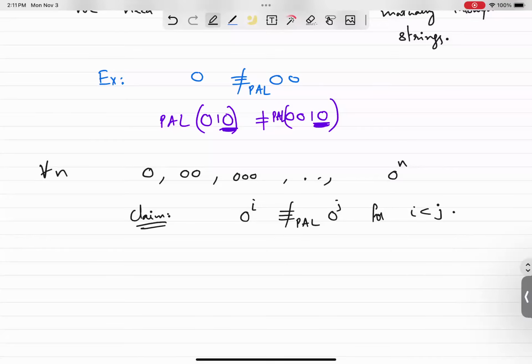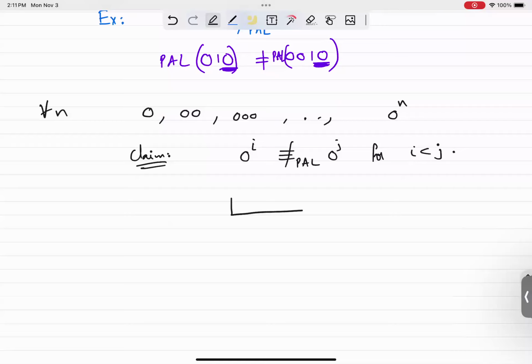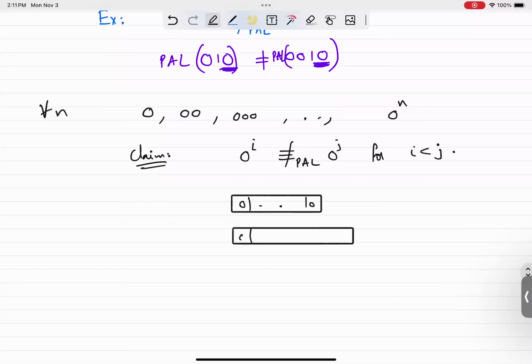Okay. And remember, when we have to show that two things are not equivalent, it's a little bit easier because we only have to show the existence of one suffix under which they are not equivalent. Okay. And what would be one suffix that would work here?